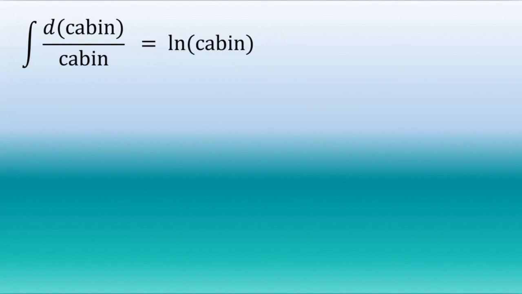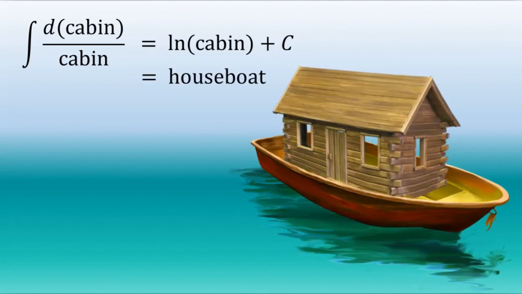So I guess that's log cabin made from natural logs. Yeah, okay, well, I'm forgetting the plus c. So if I put in plus c, what's a log cabin plus the c? That's, I guess, a houseboat. And, well, okay, I guess it's probably time to make a quick exit.